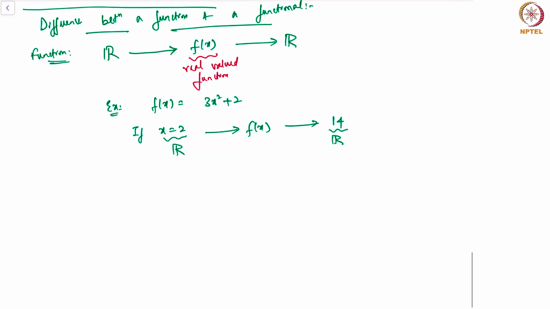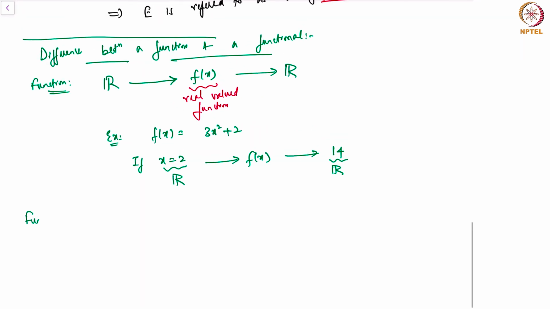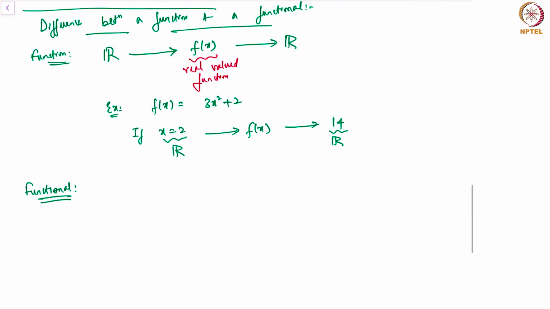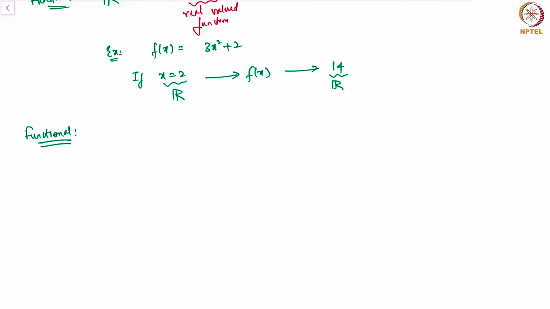A functional, on the other hand, is slightly different. What does a functional do? It takes a function f of x, and then if I give it to the functional, let's say I call the functional j, that could be E in our problem. So we typically represent this functional using a square bracket, meaning j is operating on f of x, and then it gives me a real quantity.